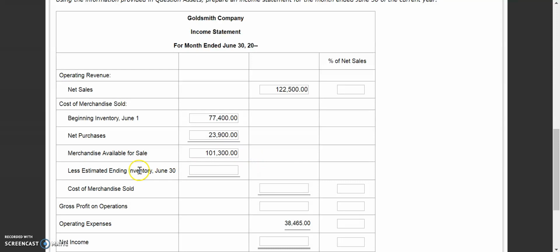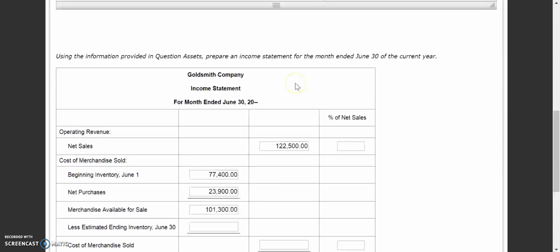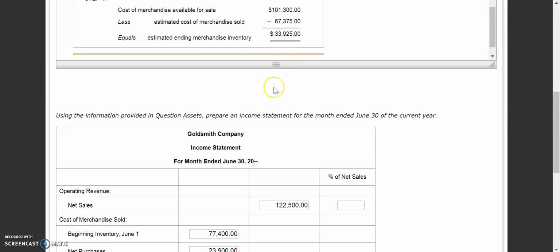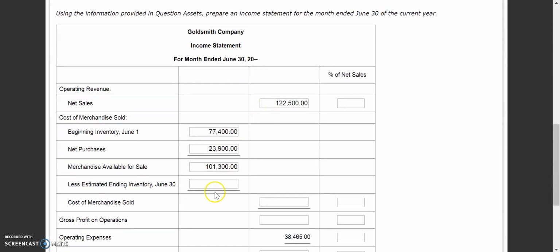Okay, and then we take out our estimated ending inventory as of June 30th. That was our last calculation that we did in step 4. We come down here, it is 33,925. And so we subtract those two from each other to get our cost of merchandise sold, which was 67,375.